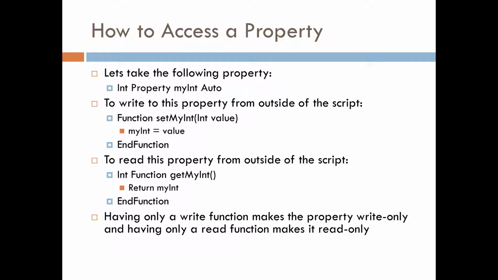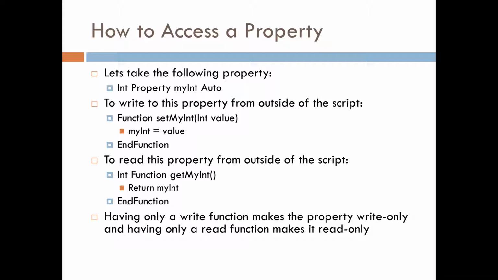Basically, all this function does is take myInt and assign it value. And to get the property outside of the script, you have a getMyInt here, and it's a return type of int. We'll go into function return types whenever we get to the function portion, and you just return myInt.